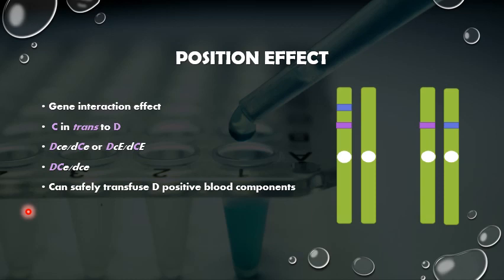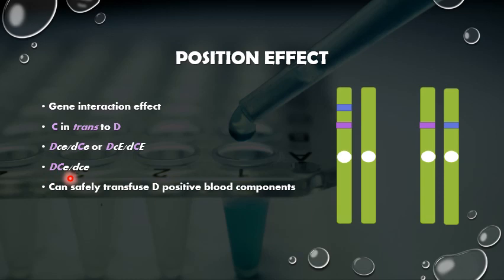Meaning the allele carrying RHD is in the opposite haplotype to the allele carrying C. For example, in this manner. So, in the chromosome, the position is in trans. The position effect does not happen if the C is in cis position with the D, like this.